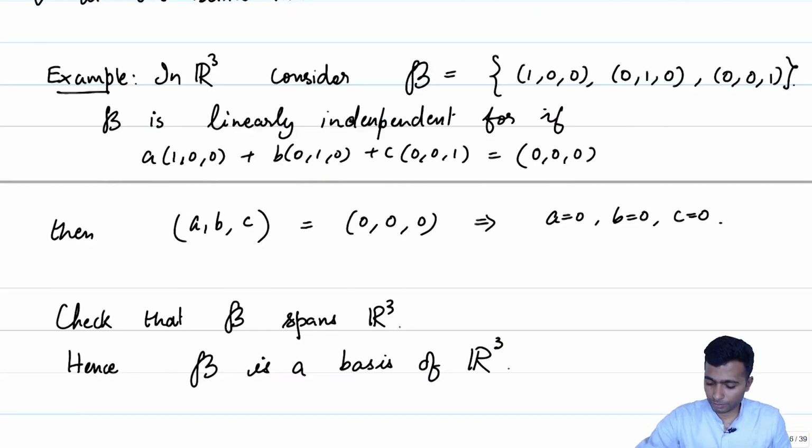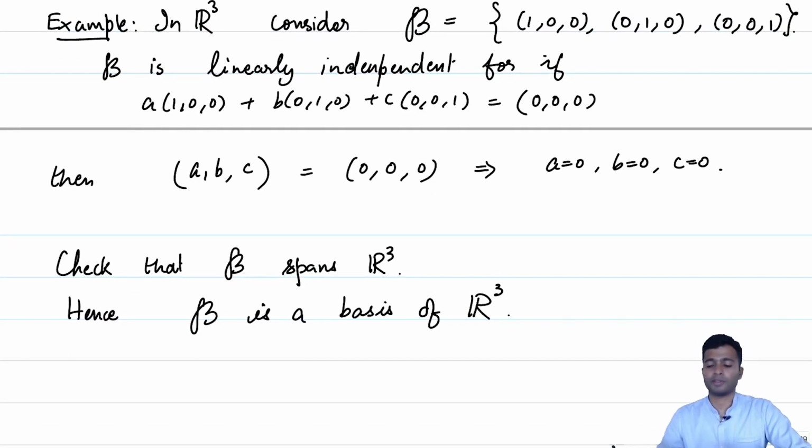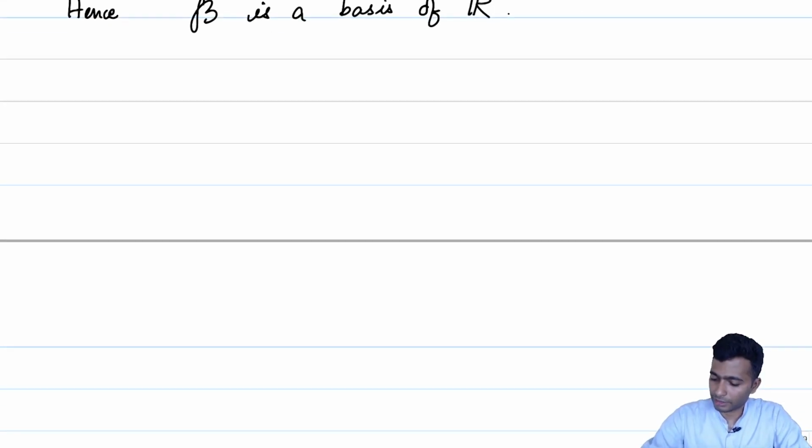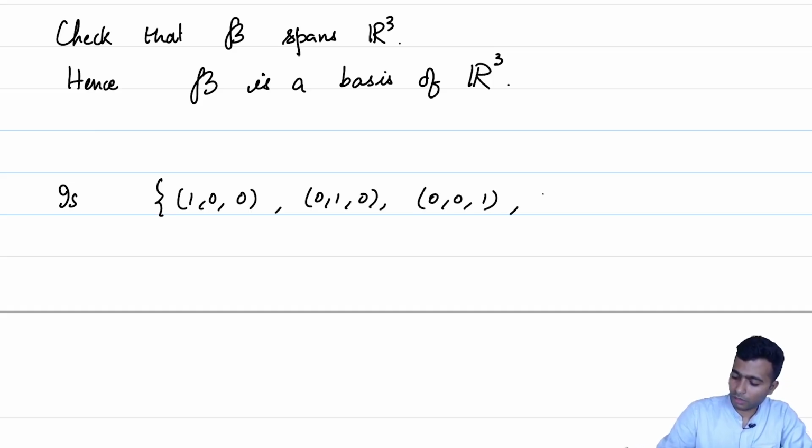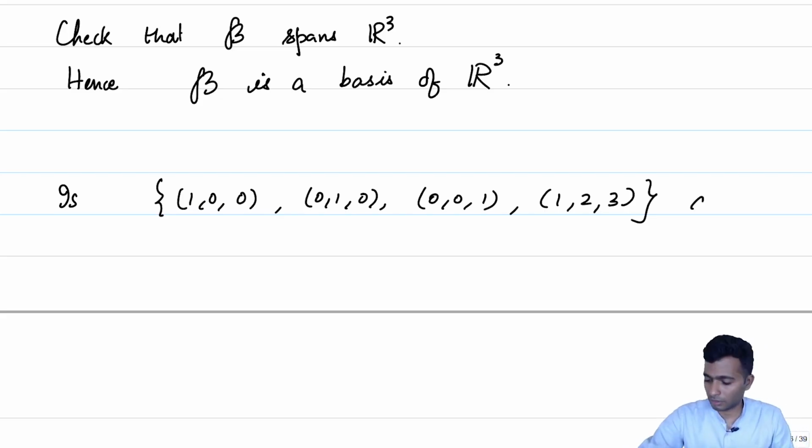Okay, so we now have one example of a basis. Now consider (1, 0, 0), (0, 1, 0), (0, 0, 1) and say (1, 2, 3).